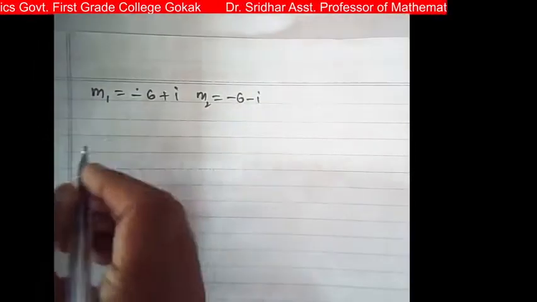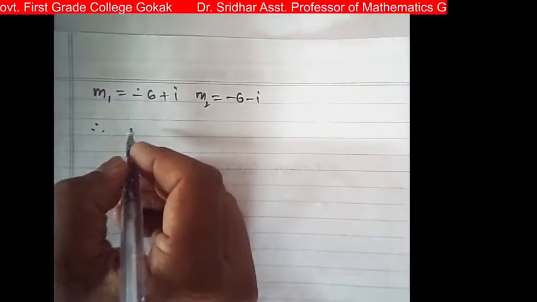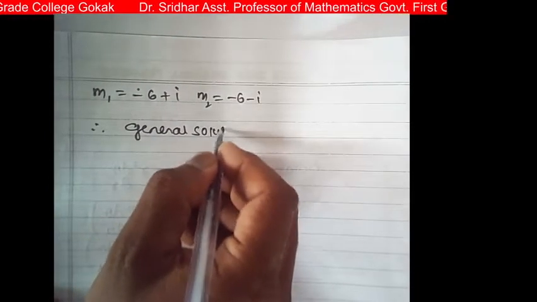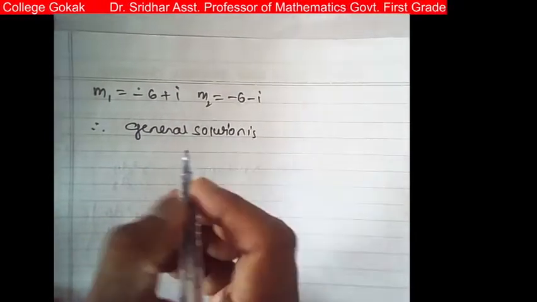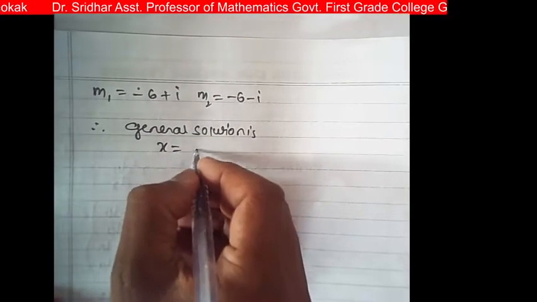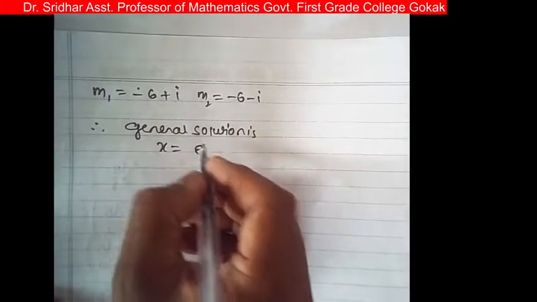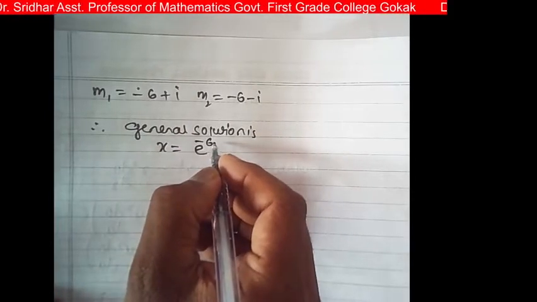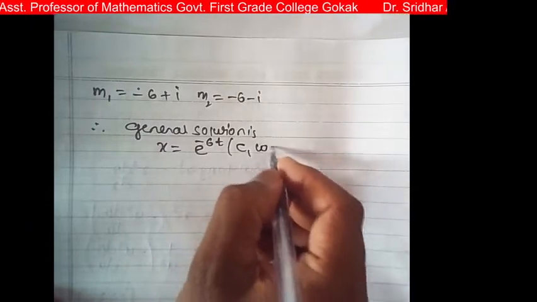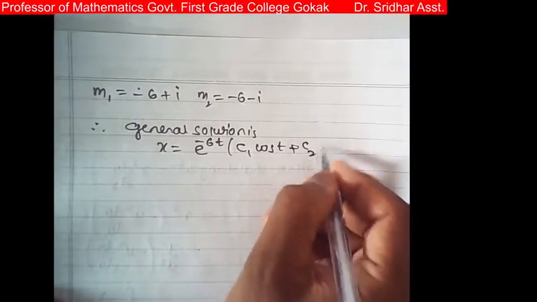The two roots are complex, so the general solution is x equal to e raised to alpha t, where alpha is -6, into the bracket c1 cos t plus c2 sin t.